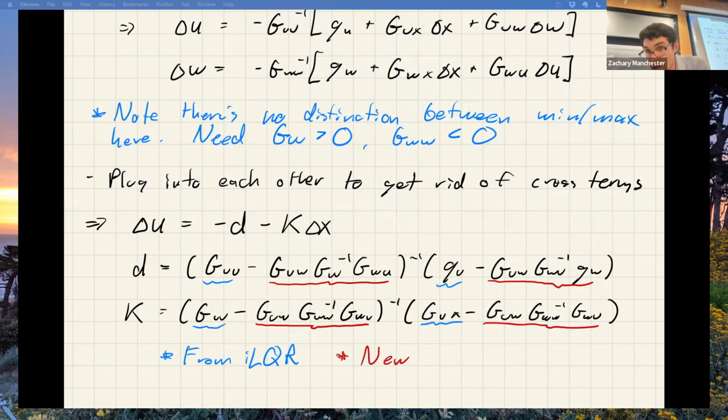So question: is there a limiting case here where those robust terms drop out? Yeah, I mean, that's the intuitive thing, right?